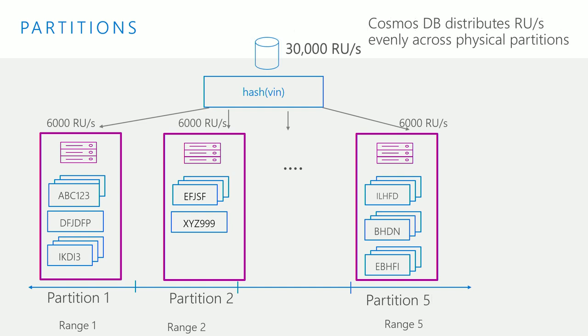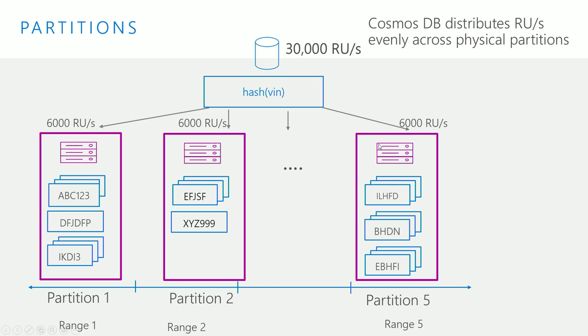The other thing to know is that the RUs of your collection are evenly distributed among all the physical partitions. When you start out, we provision a reasonable number of physical partitions based on the RUs you need. So if we have 10,000 vehicles, we're not going to have 10,000 physical machines. We might have 10,000 logical partitions, but we'll start out with a smaller number of physical machines based on your storage and the RUs that you provision.